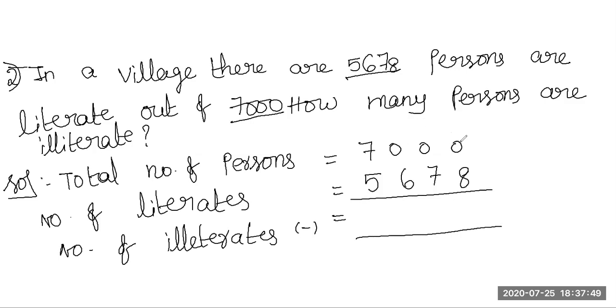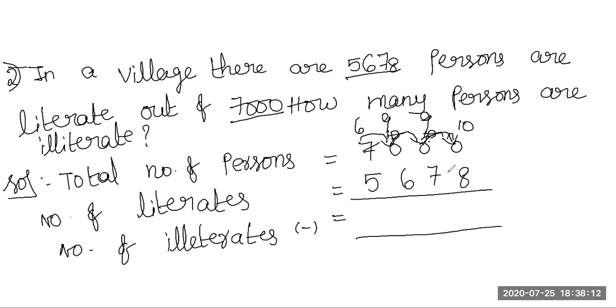Up here all are zeros only. So what I should do first, I'll give borrow from hundreds place to tens place and from tens place to ones place. From here you give and borrow, this will become 9. From here it will become 9. And from 7 it will become 6.